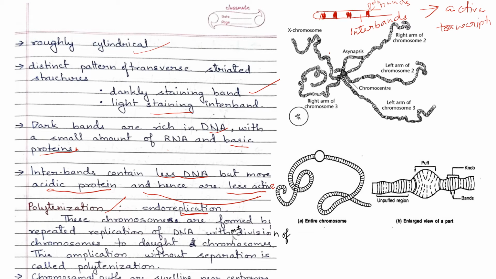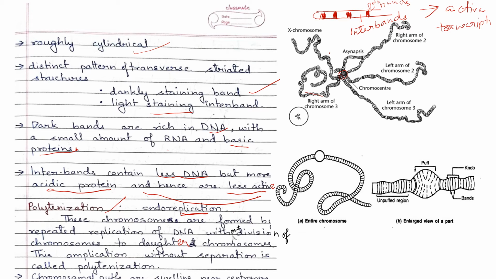These chromosomes are formed by repeated replication of DNA without division of the chromosome into daughter chromosomes. They are repeatedly replicating, but they are not getting separated from the parental chromosome, so they form several loop-like structures. This amplification without separation is known as polytenization.